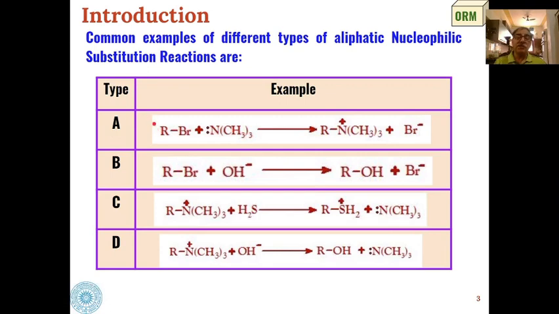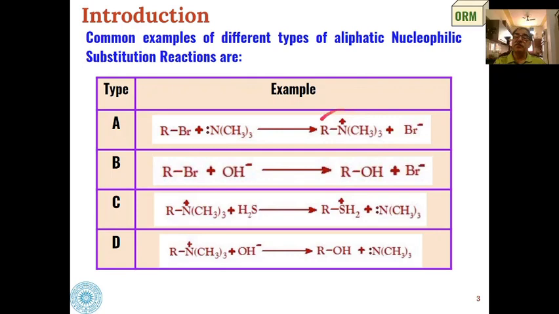Now, one example in each case. This alkyl bromide reacts with trimethylamine. This is a neutral nucleophile, and we will get quaternary ammonium salts as the product.